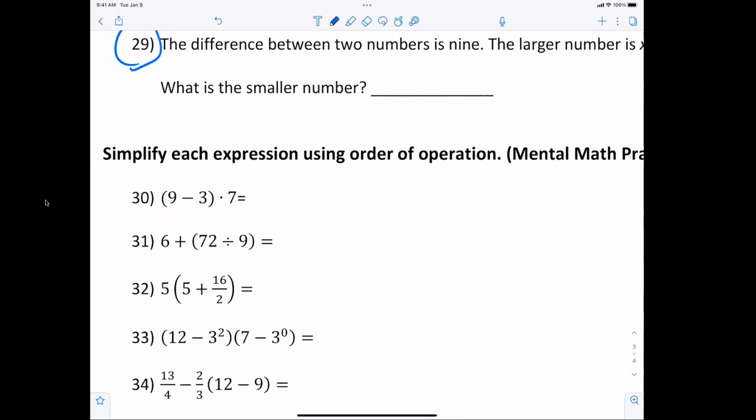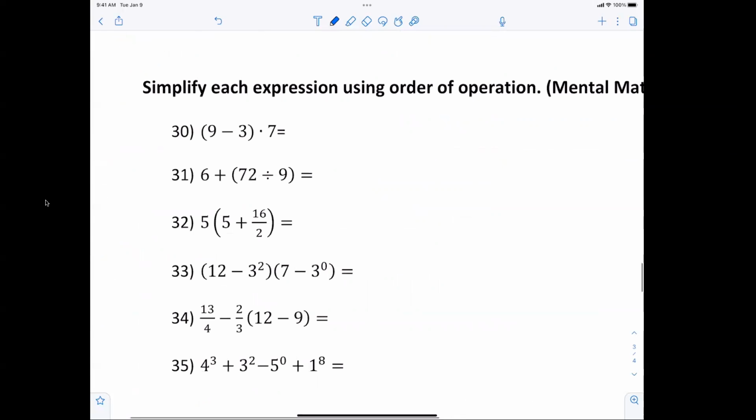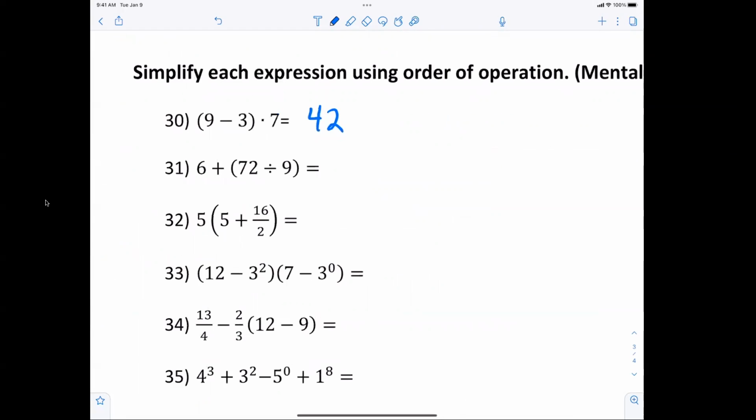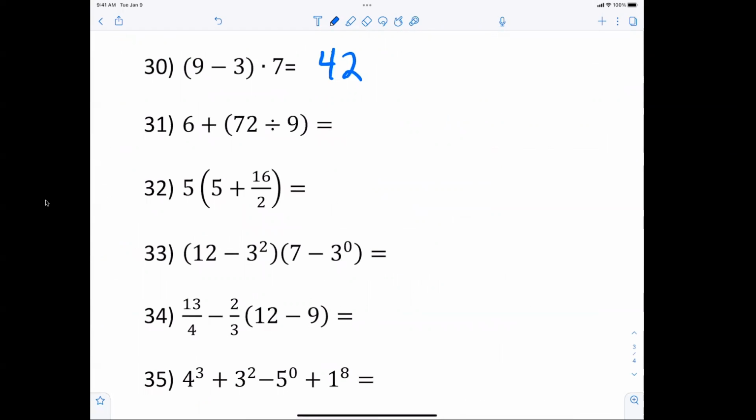We're doing some mental math now. Oliver, you're on number 30. 42. 42, perfect. Austin. 14, thank you, sir. Very nice.